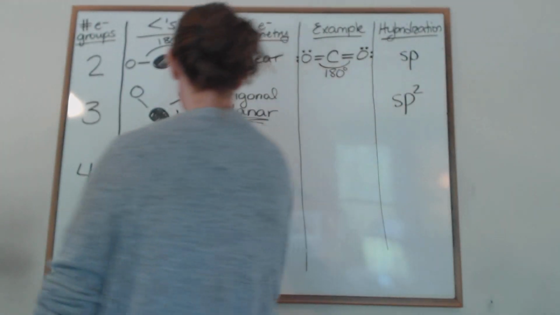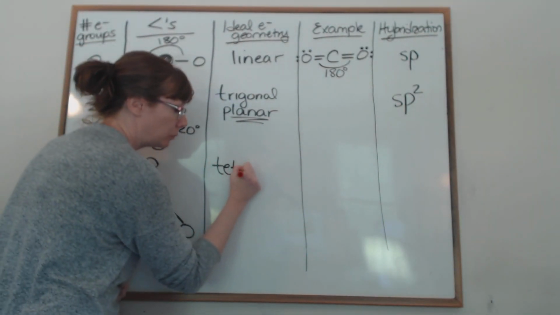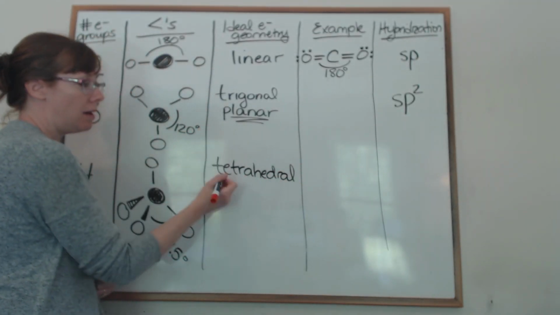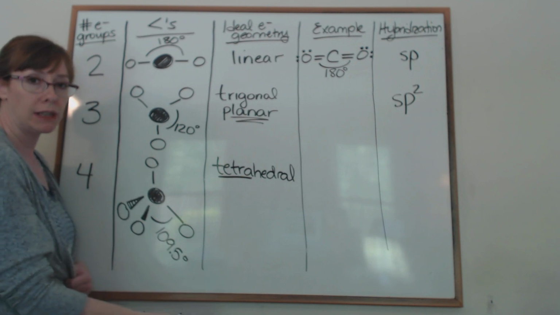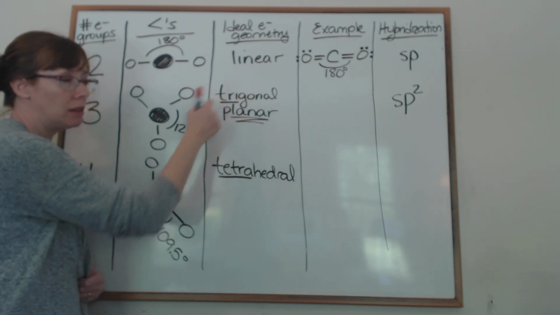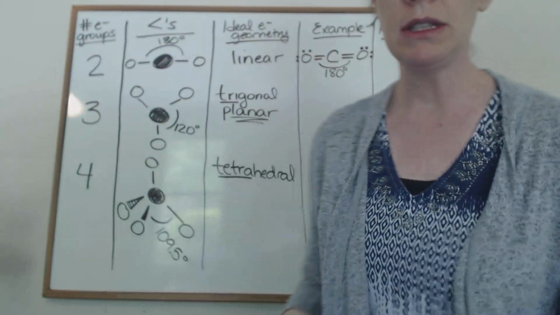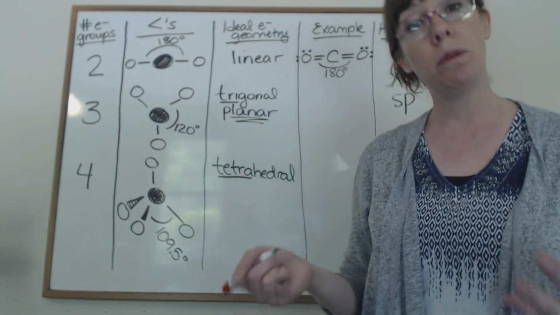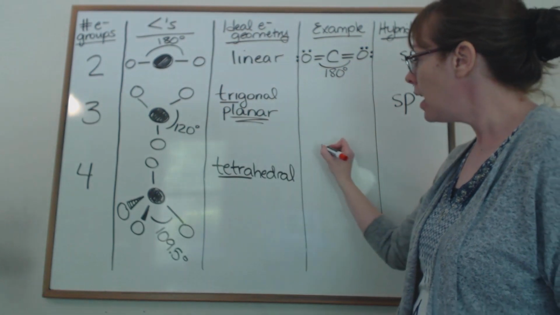The name of this electron geometry is called tetrahedral. You can see the tetra prefix being used for 4, and here you can see the tri prefix being used for 3. The classic example of a tetrahedral molecule would be CH4, methane.